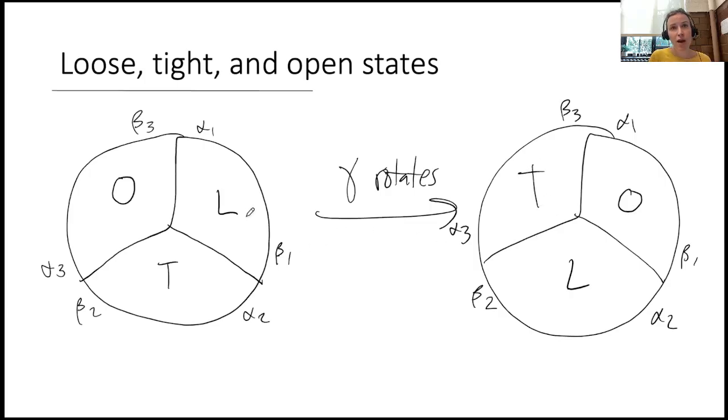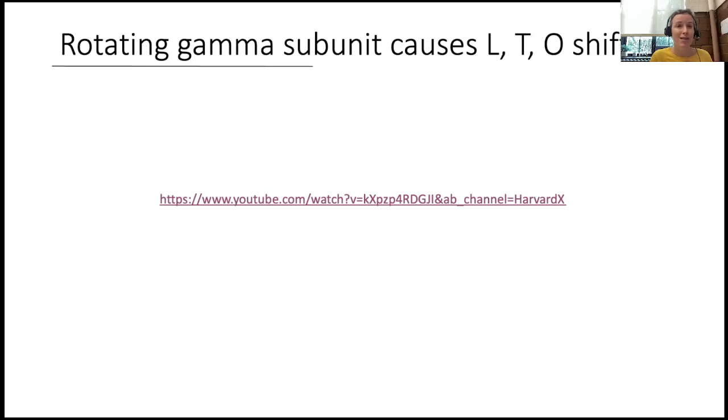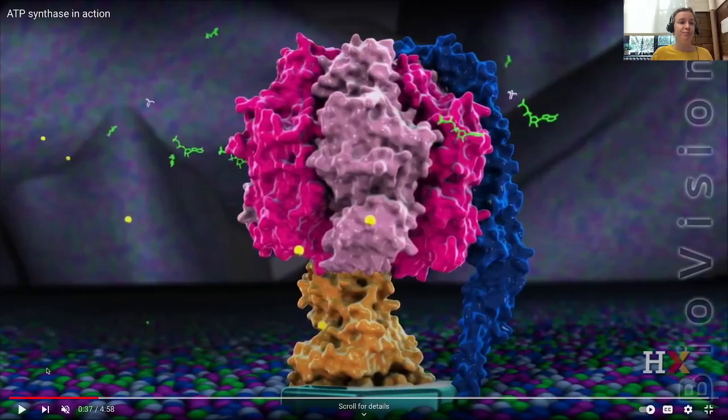So you can see how gamma rotating caused this kind of shift of conformations in each of the alpha beta dimers. Now that is challenging to explain with words, so why don't we watch this video to understand in 3 dimensions how this can happen.